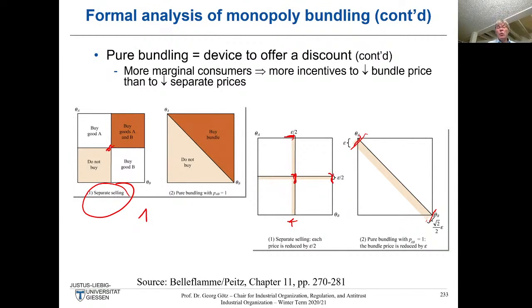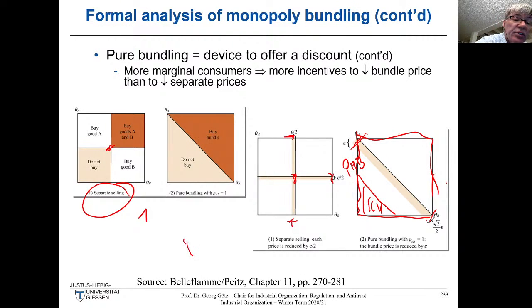Okay, what I want to do rather is, as always, to derive demand curves. Suppose you charge a price for the bundle of PAB, similar to what we did before. What is then your demand if you charge a price of PAB? If you charge a price of 0, demand will be just 1. This would be this whole rectangle. But now if you charge a price of PAB, demand will be the whole rectangle minus this triangle.